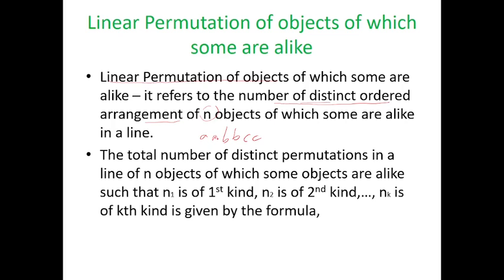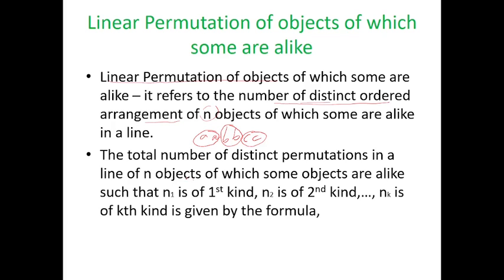As you notice, some are alike. In this example, the objects are letters. So we have the number of distinct ordered arrangements of n objects of which some are alike.